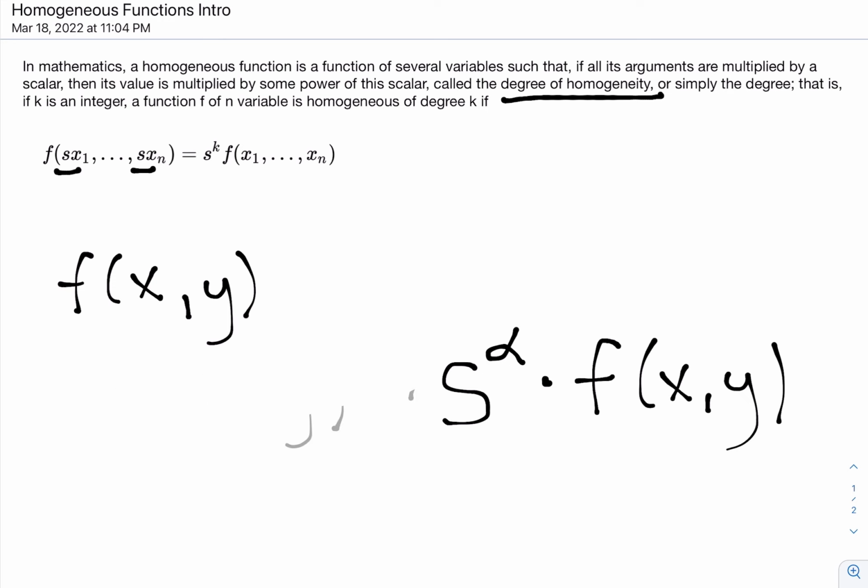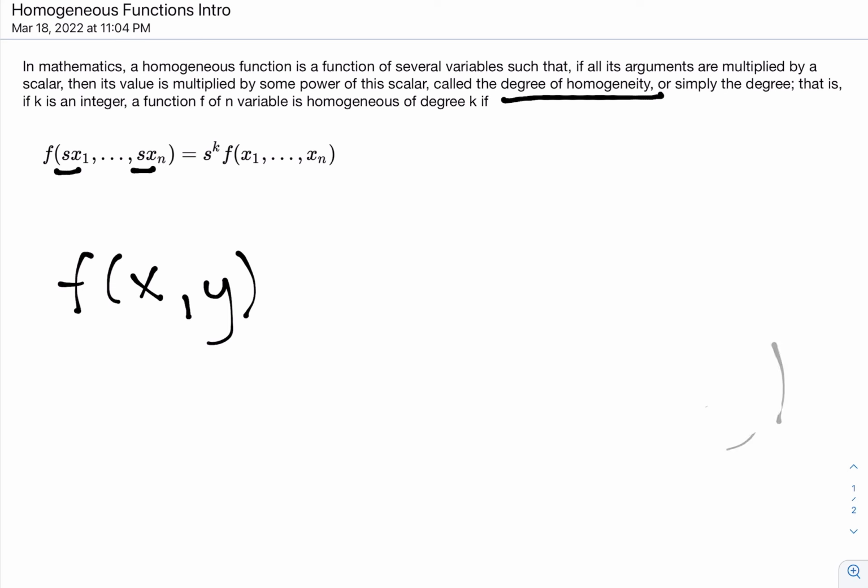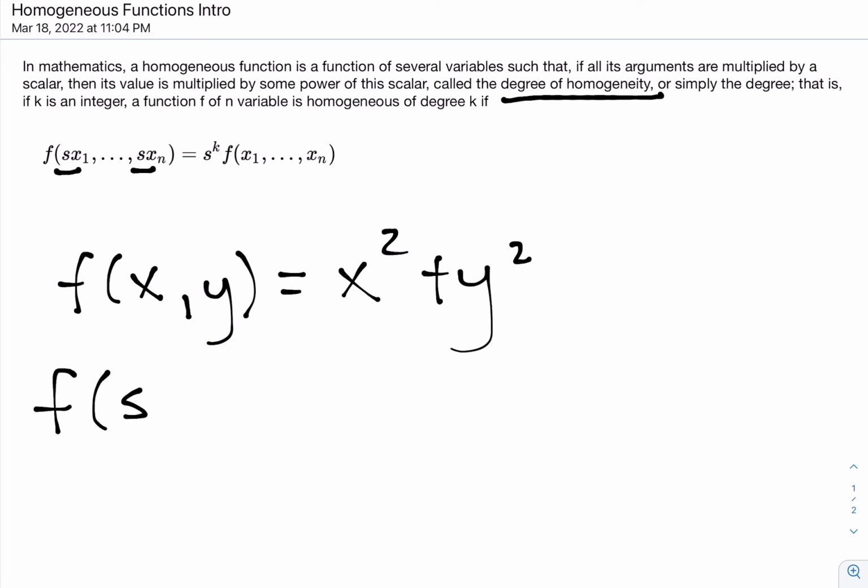So let's say f of x, y equals x squared plus y squared. We multiply each component by a scale factor of s, so f of sx, sy, what's that going to be?